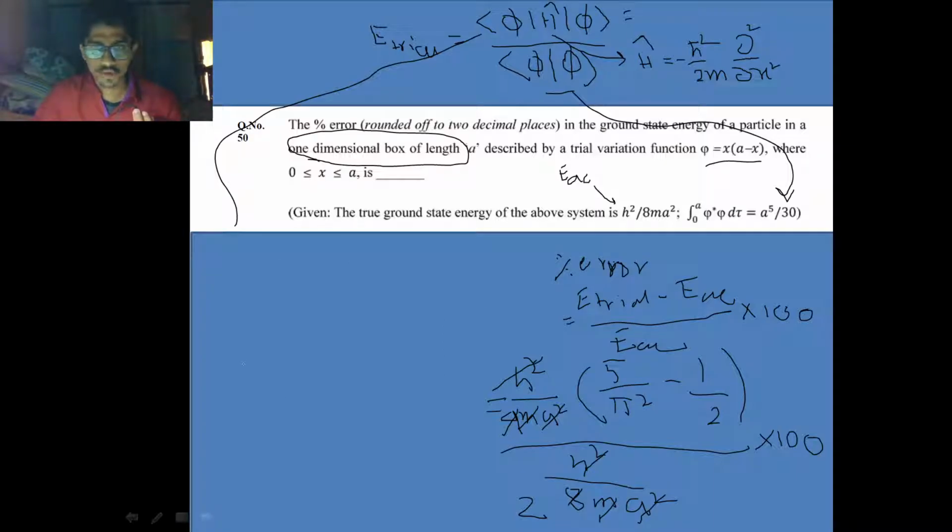So the percentage error is equal to 5 upon pi square minus half into 2 into 100. If we put all the values, it comes as 1.42. So the correct answer is 1.42.